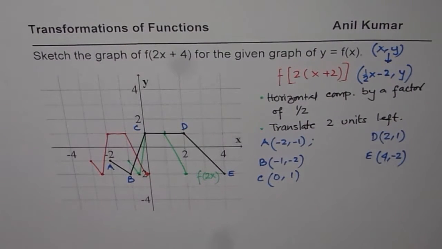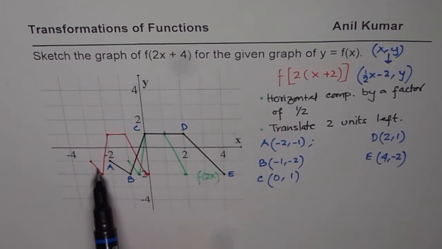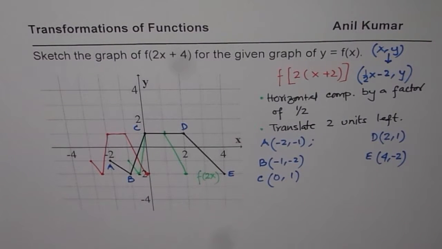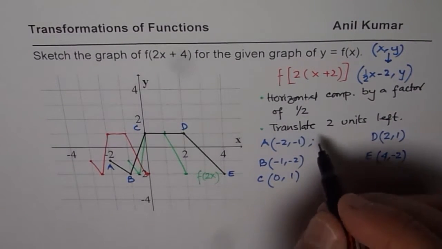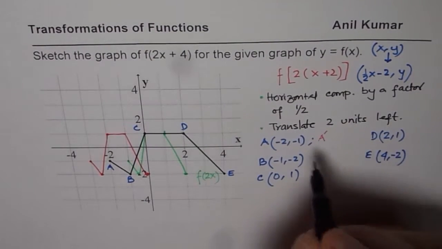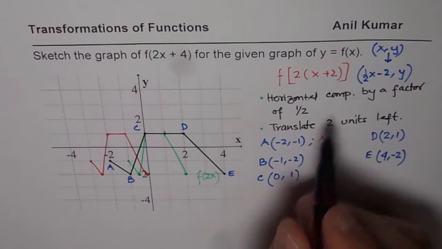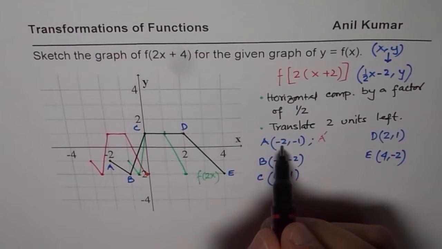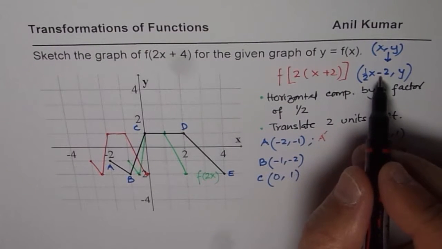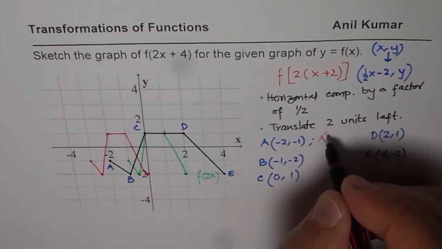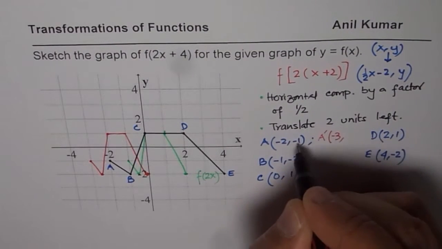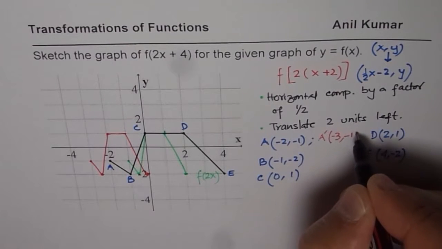That is how the image points will be. So if I do that, what do I get? A prime, the image of A, will be at half of minus 2, which is minus 1, and then we take away 2, so it becomes minus 3. The point is at minus 3, and the y value remains the same at minus 1.